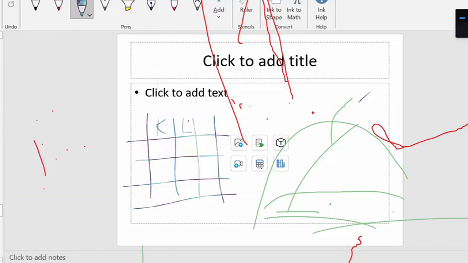Alafu let's say this is the output. Labda tuseme capital hapa ni 4. Let's say wafanyakazi labda wako 5, here is 5, here is 6.